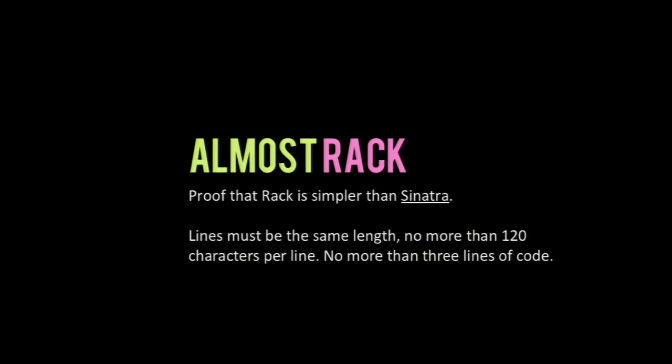And it has to be no more than 120 characters per line. It's the same rule as with Almost Sinatra, but in this case I actually had a different idea behind that. The idea was that I can fit it into a tweet and also add a hashtag.